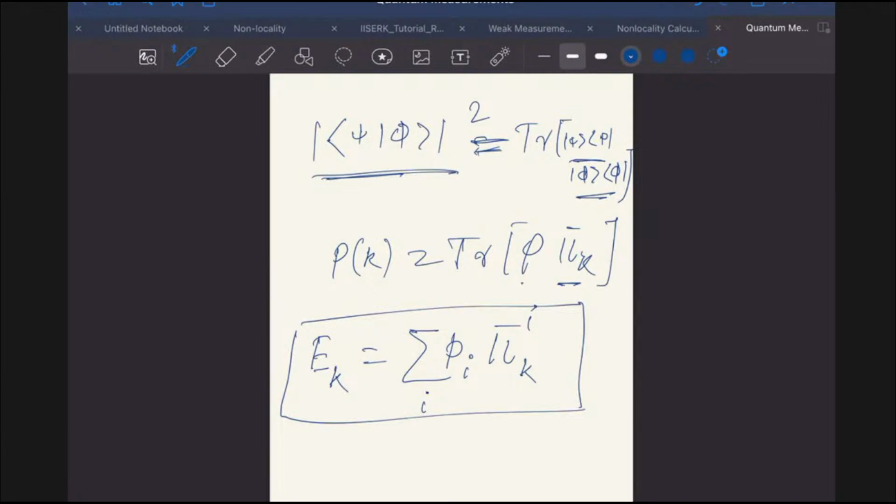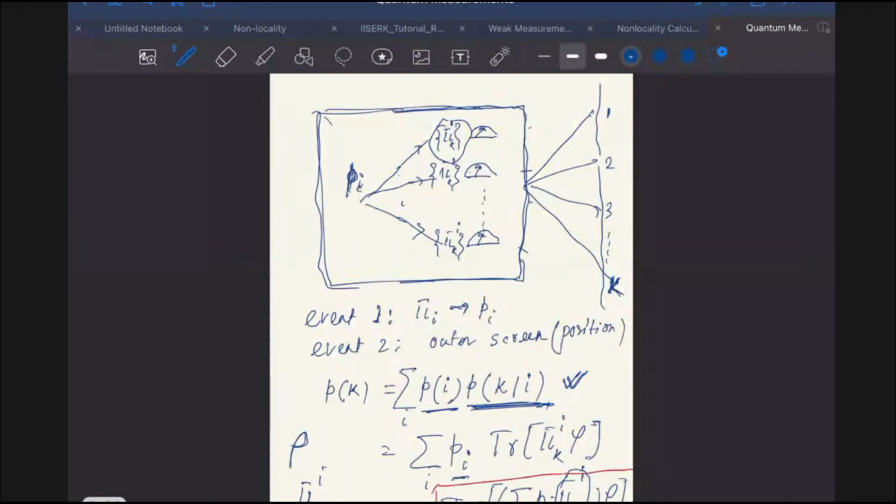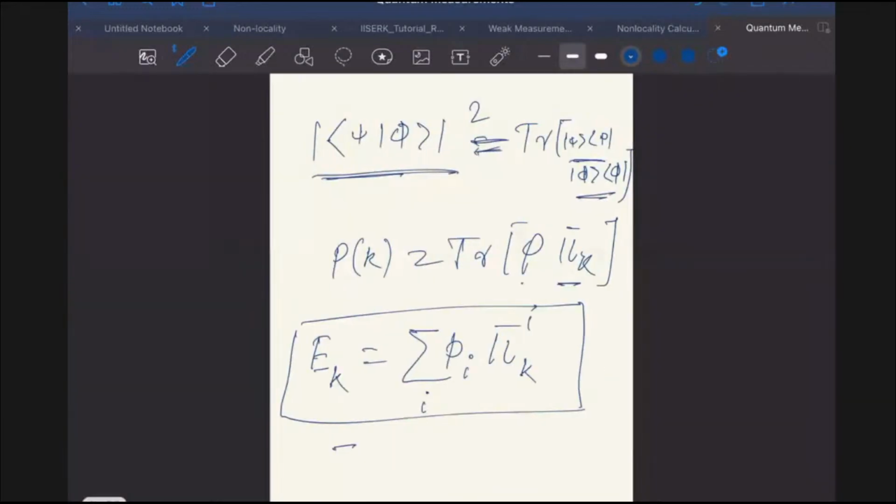Before that, let me also analyze two of these properties, which from most textbooks you already know: that this E k should be positive and should sum up to identity. Why is that? I have calculated this pk, but if I sum over k, it should be 1, right? So one or the other detection will happen in each run, if there is no experimental error.